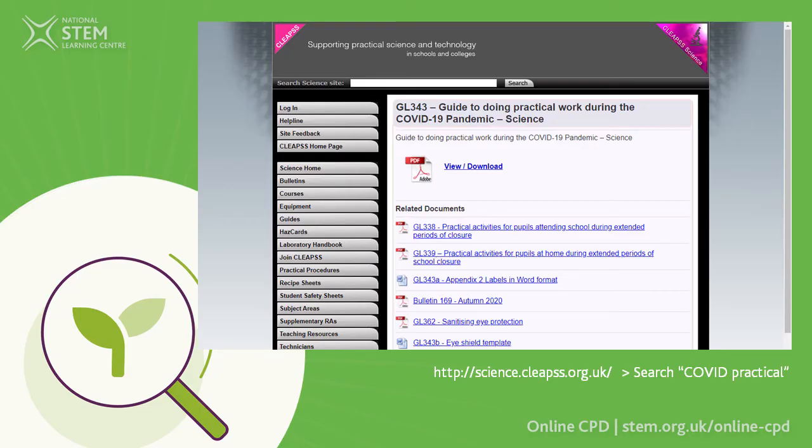And also, when they come back to school because of restrictions, is it possible? I would say, practical work is still possible, but I would refer to CLEAPSS guidance on this. Because they get updated guidance from Public Health England of how to run practicals in the times of coronavirus.